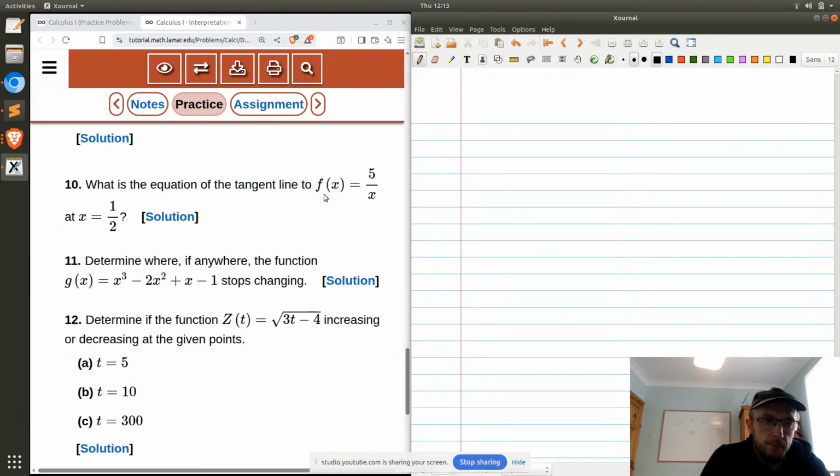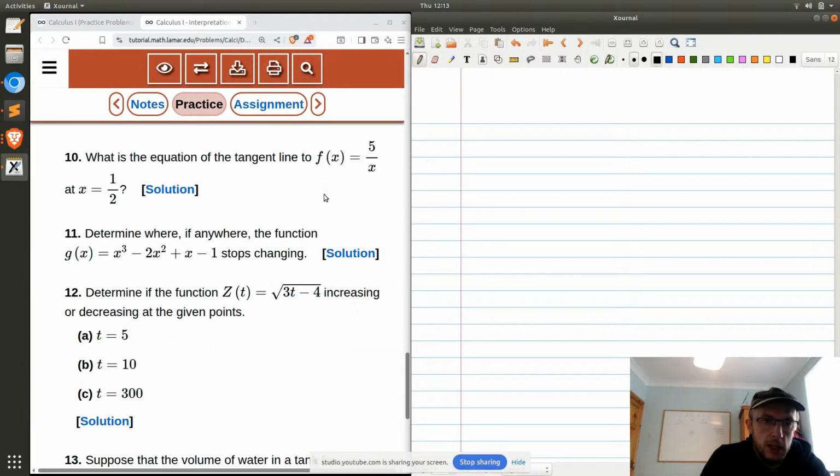Okay. Problem 9. What is the equation of the tangent line to f of x equals 5 over x at x equals a half? Whoops, I meant to say problem 10. Okay, so f of x is 5 over x. So f of x is 5x to the negative 1.